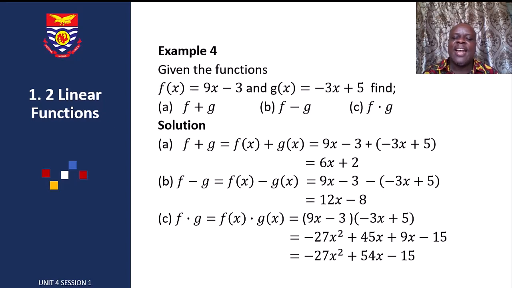Then 9x times 5 will give us positive 45x. We are done with 9x. We come to minus 3. Minus 3 times negative 3x will give us positive 9x. Minus 3 times 5 will give us minus 15. Now, when we simplify, we will have negative 27x squared. Then we add 45x and 9x to get 54x minus 15.